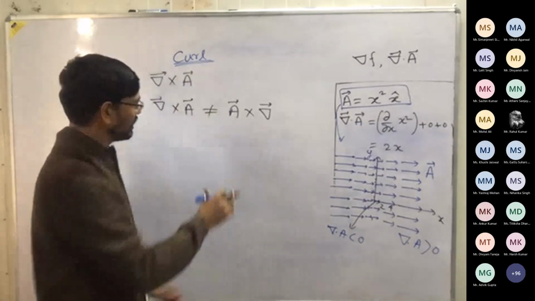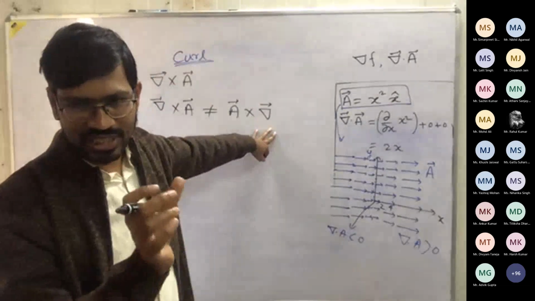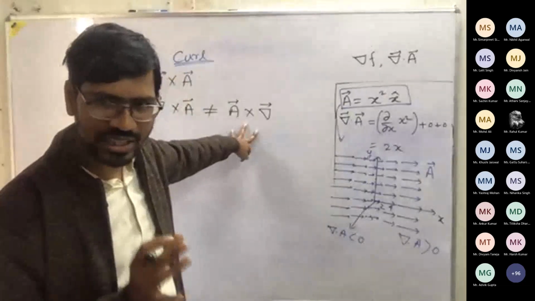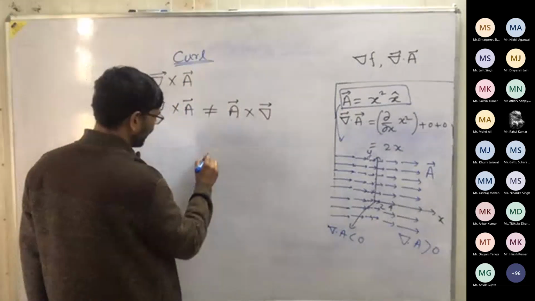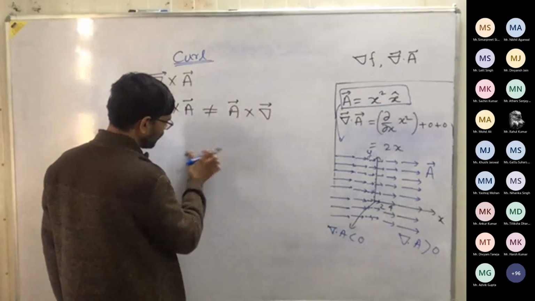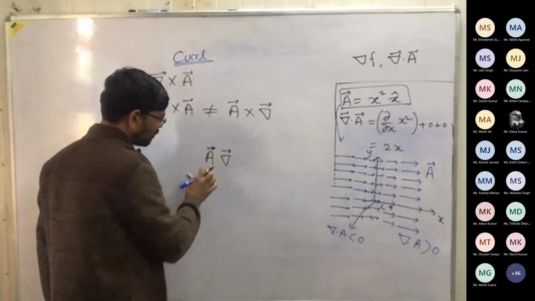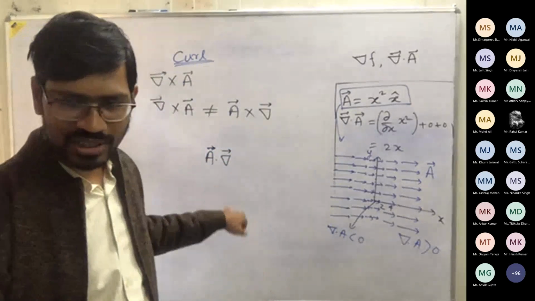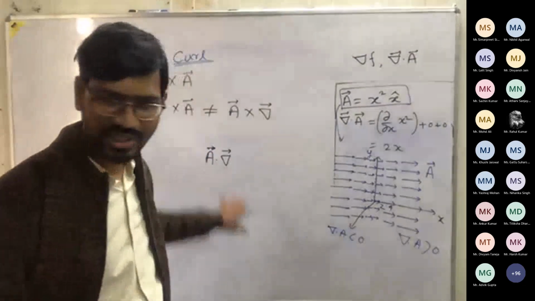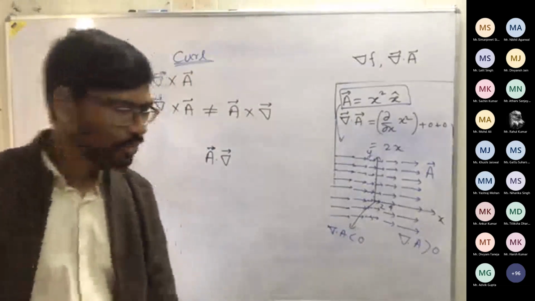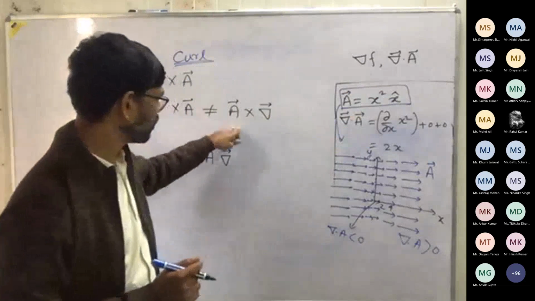But this is a valid quantity, by the way. When you do a lot of vector calculation, you will find a term which involves this quantity. It's fine, this is a valid term, but this one is not equal to that one. Similarly, this one is not equal to that one.